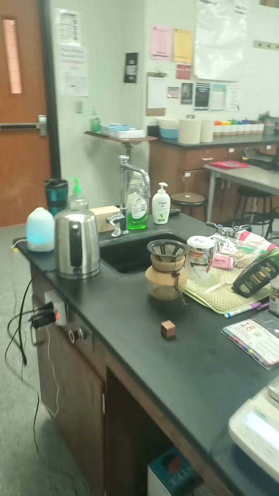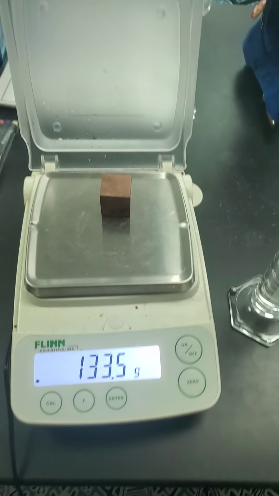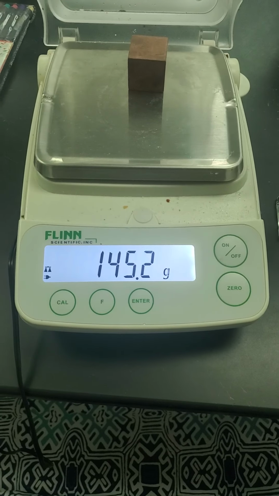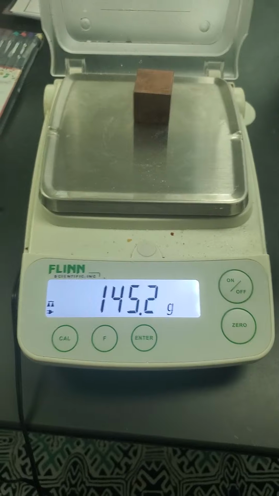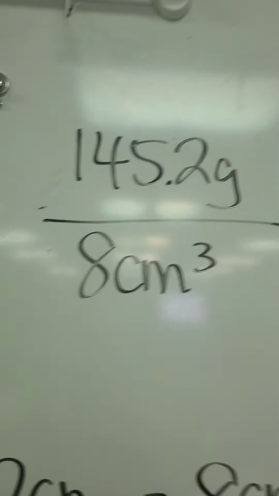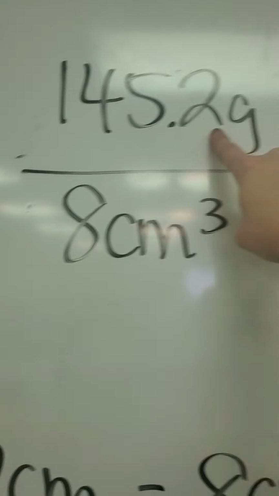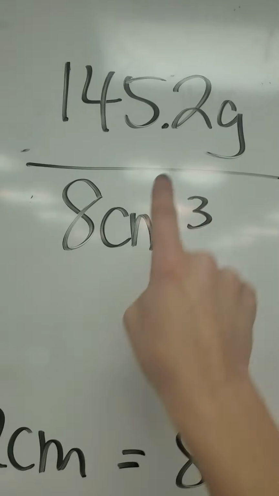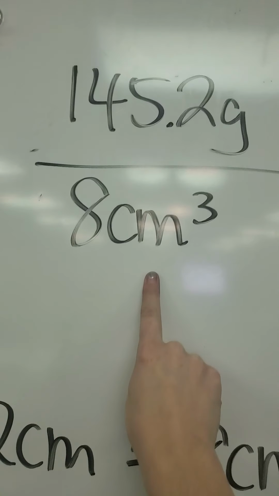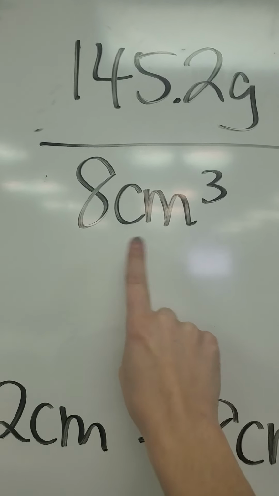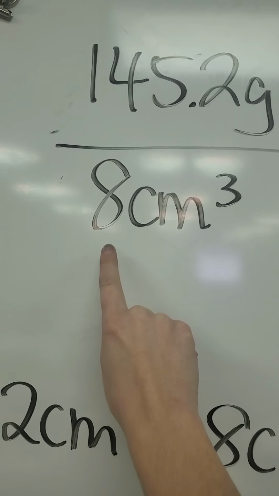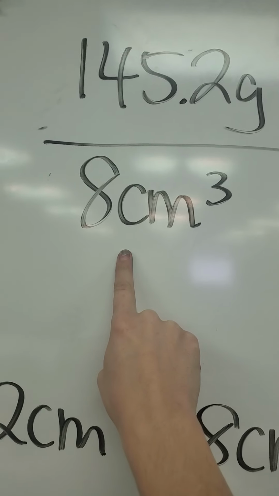Then we're going to come back over to my cube. We're going to grab the cube and put it on my scale. It reads 145.2 grams. Here is what my math would be set up as. I've got that 145.2 grams that I got off my scale, and I have my volume, the 8 centimeters cubed, which we got by multiplying the length times the width times the height.